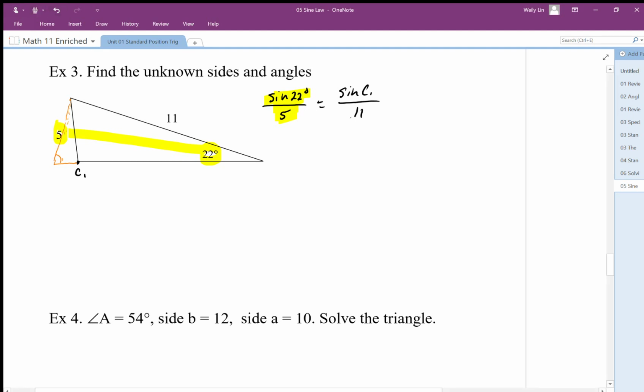So I go ahead and solve for C1. I'm going to get sine of angle C1 is equal to 11, just cross multiplying there, sine of 22 degrees over 5. What is that decimal value first? So let's go sine 22 degrees times 11 divided by 5. And I get 0.824.